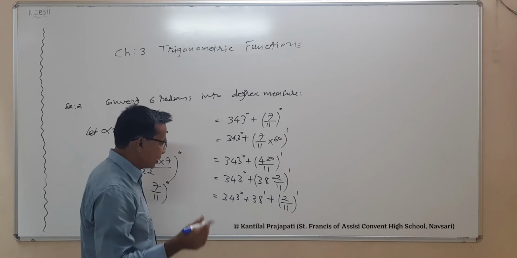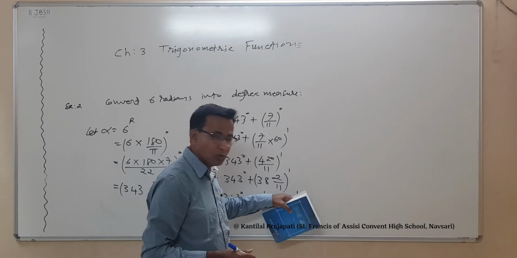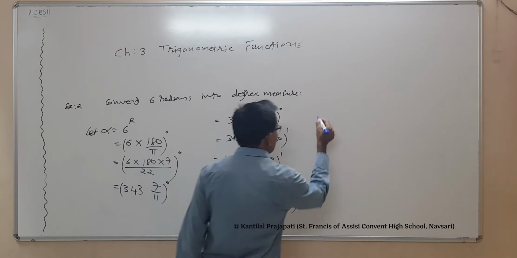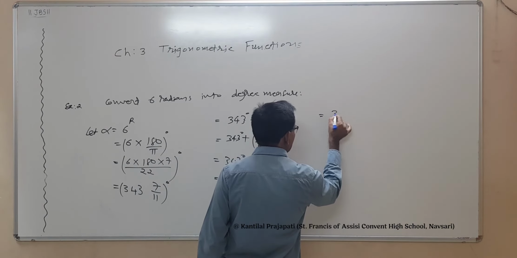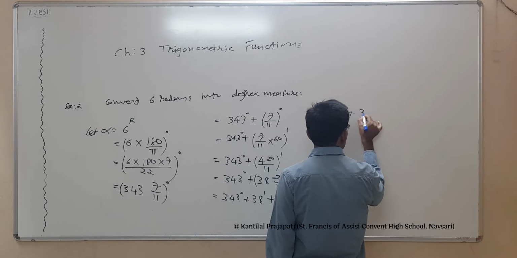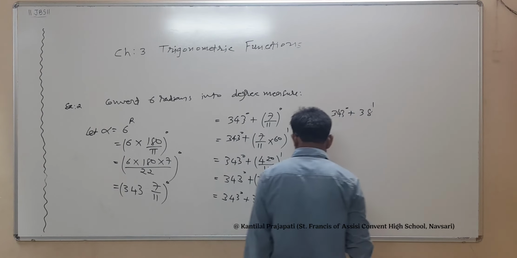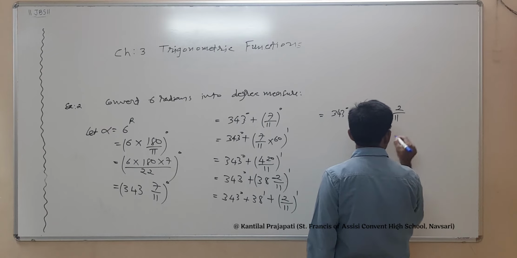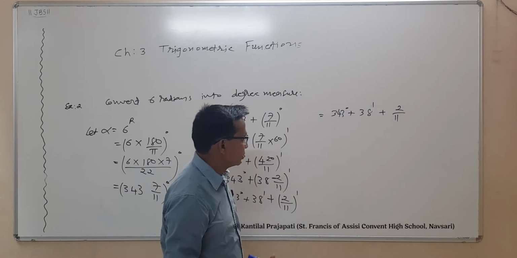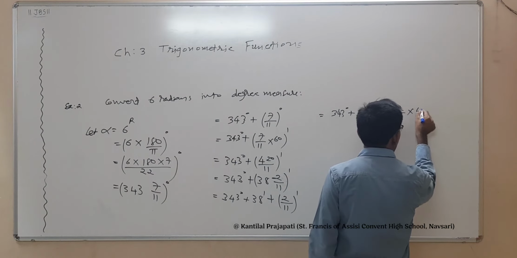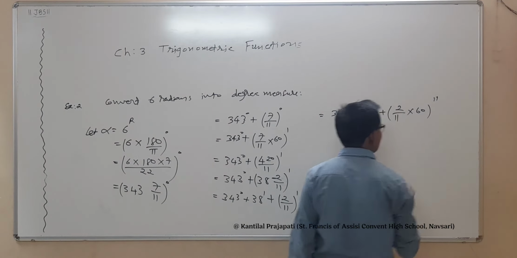Now again we convert the rational number 2 by 11 minute into second. So we write 343 degree plus 38 minute plus 2 by 11 minute converted into second. This is again multiplied by 60, and it will be second.